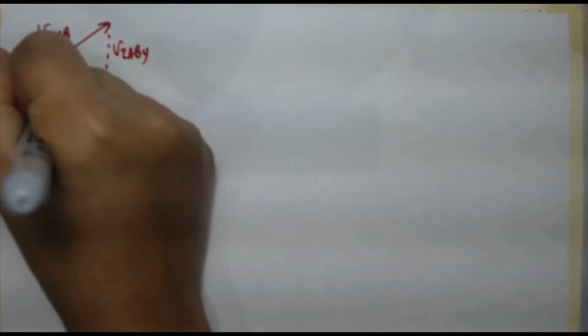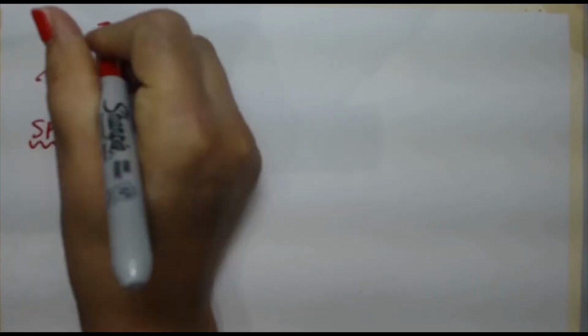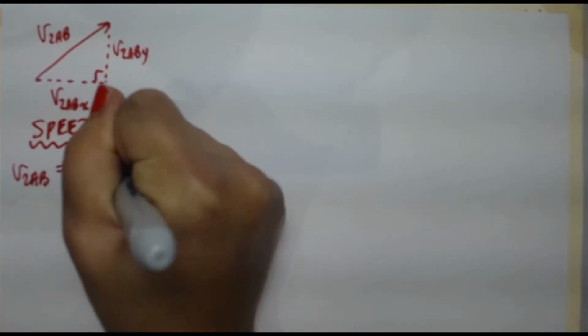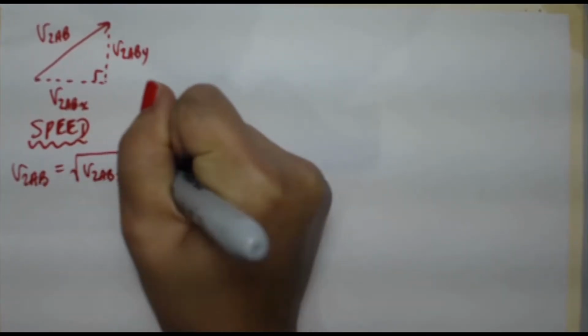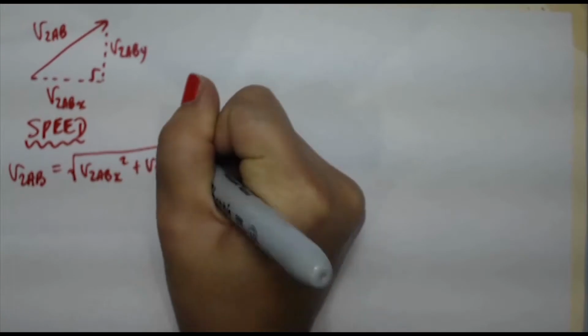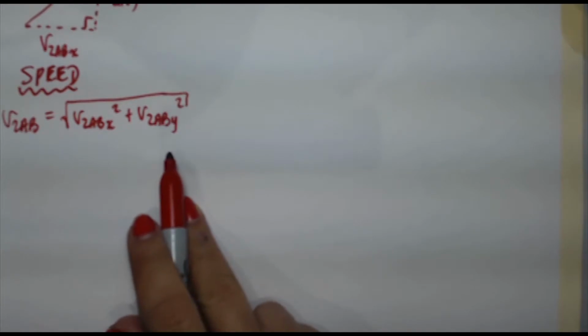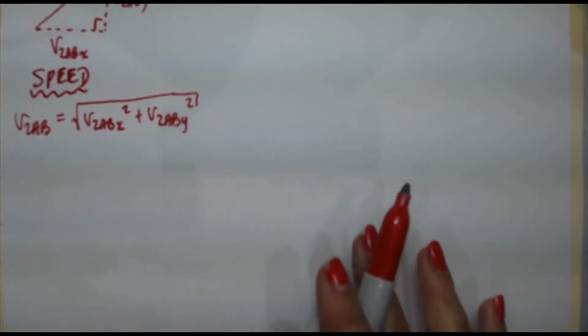So if you want to do this based on Pythagorean theorem, then to determine the speed, the hypotenuse of this right angle triangle, just do Pythagorean theorem. So V2AB is equal to the square root of V2ABX squared plus V2ABY squared. Now I'm going to substitute my expressions for V2ABX and V2ABY, the ones that I determined on the previous slide.